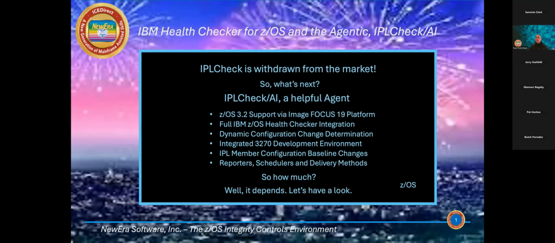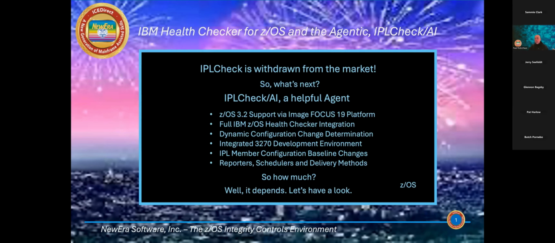And a number of reports, we call them reporters, and schedulers, different ways of scheduling things, either using the health checker or an internal scheduling mechanism or your own job scheduler, and a number of unique delivery methods, not only email, both secure and unsecure email, but also FTP, secure and unsecure FTP, as well as access to portals like ServiceNow, as an example. So there's a substantial number of enhancements in IPL Check AI over and above what was available in IPL Check.